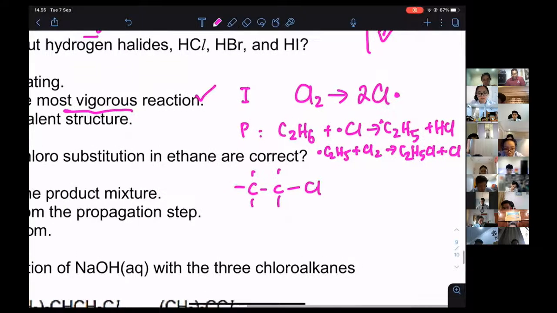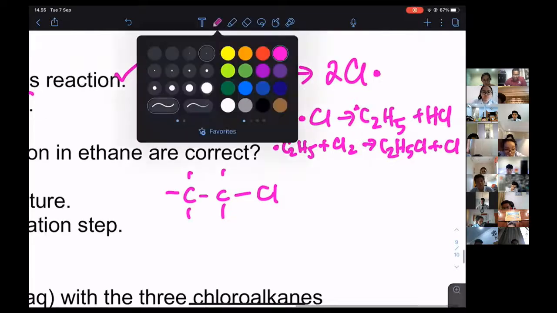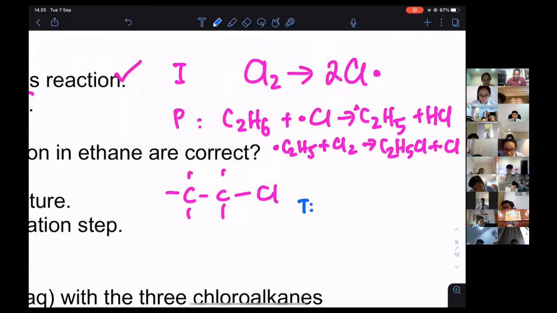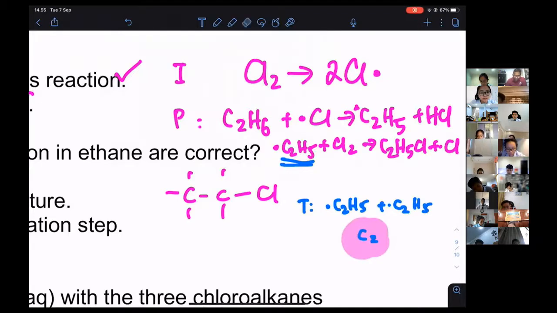Now what will happen if you have the termination step? If I take C2H5 and join it with another C2H5, what will happen? I will get C2H5 with another C2H5.